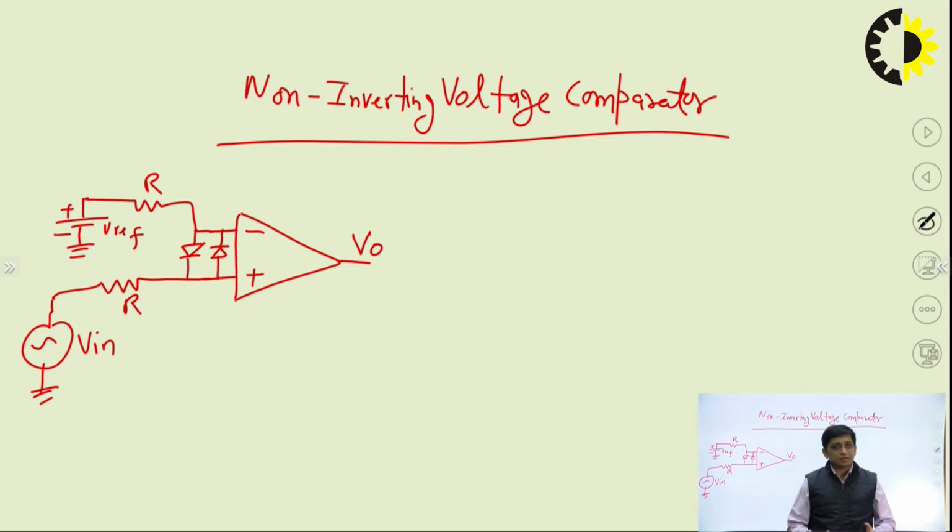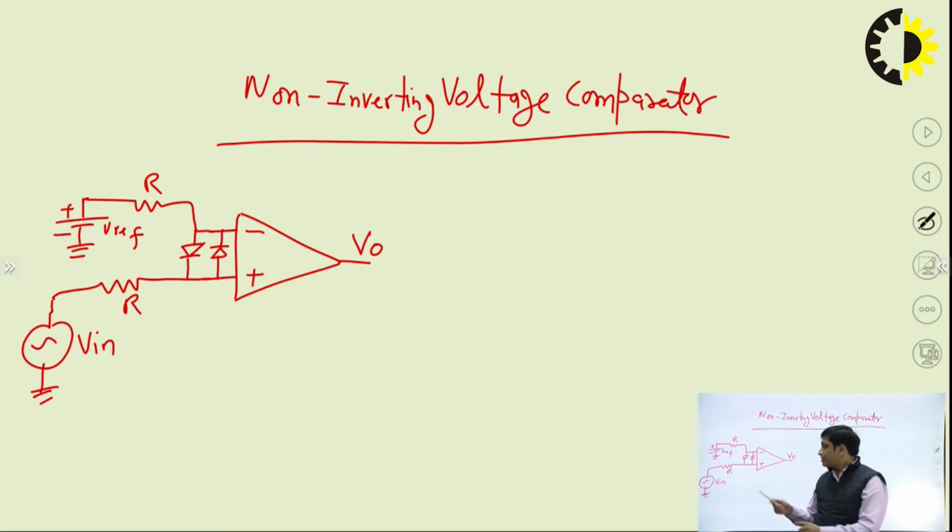So if there is protection circuitry at the input inside the op-amp, then there is no need to connect these diodes. Otherwise we need to connect these two diodes. Because of these diodes the input voltage is clamped at either plus 0.7 volt or minus 0.7 volt, that's why these two diodes are called clamp diodes.